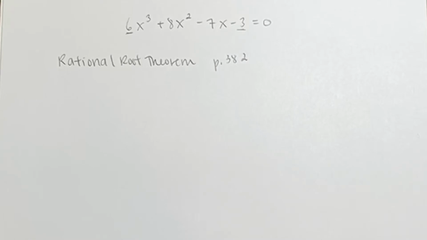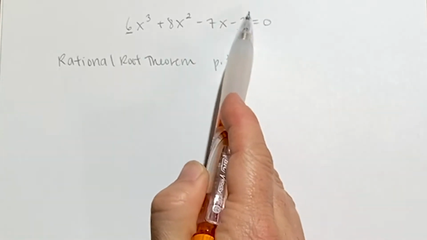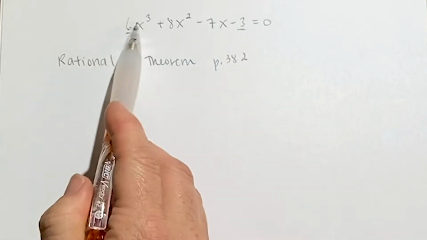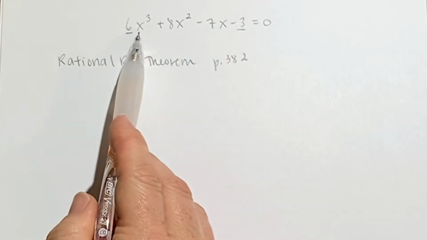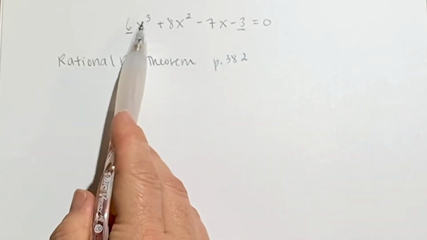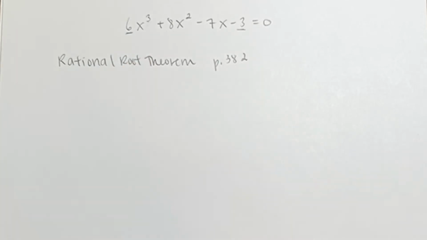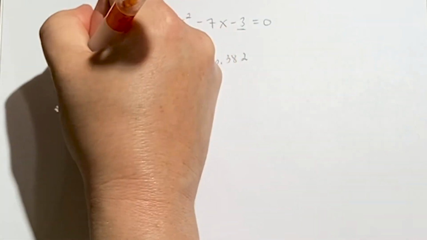So what we're going to be looking at are factors of the constant and factors of the leading coefficient when it's in descending order. The leading coefficient goes with your highest degree term. That's going to create a list of possible rational solutions.